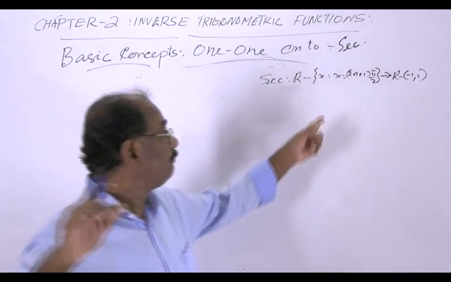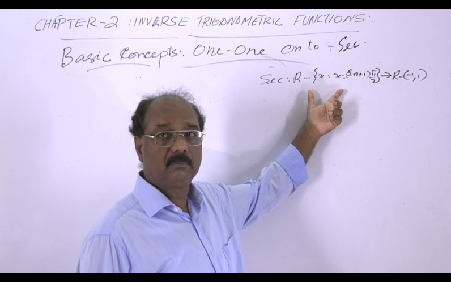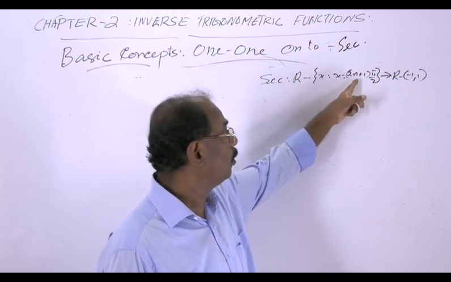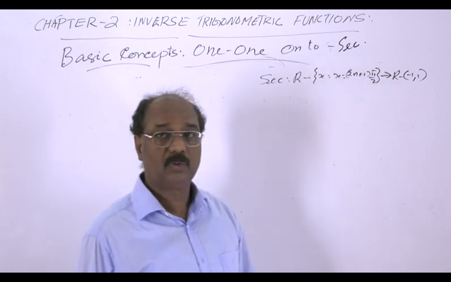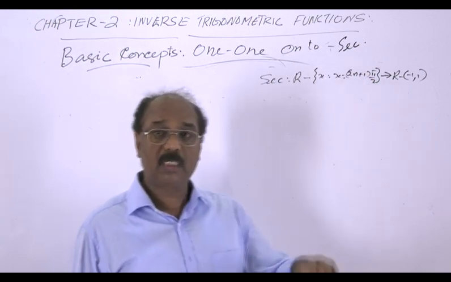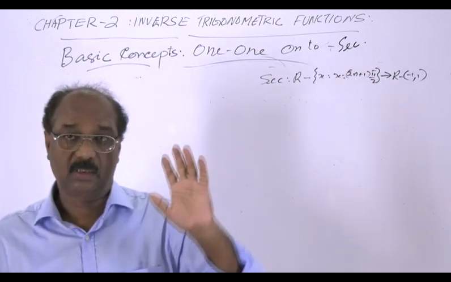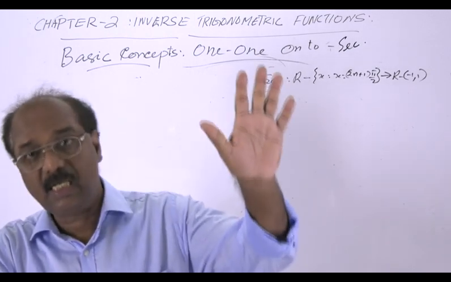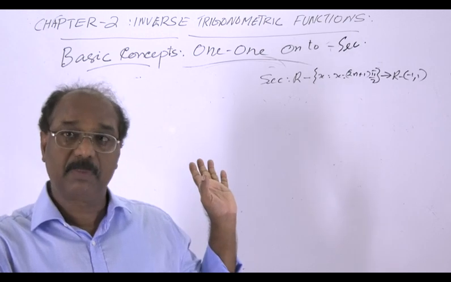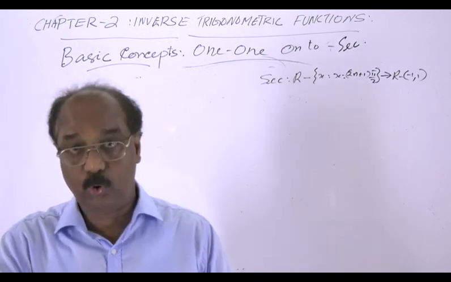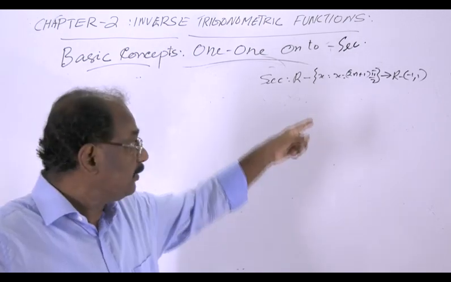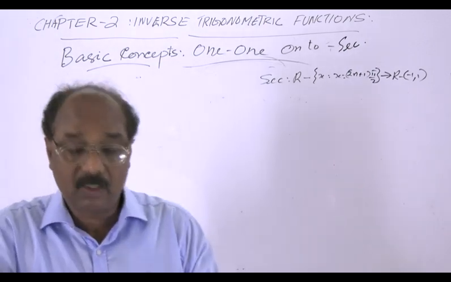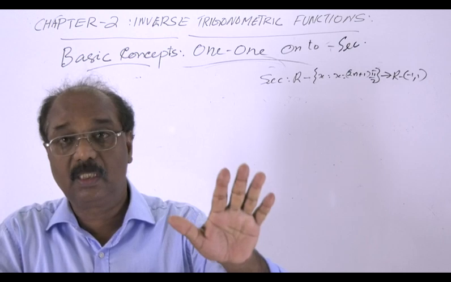From R, all odd multiples of pi by 2 are excluded from the domain, that is pi by 2, 3 pi by 2, etc., and minus pi by 2, minus 3 pi by 2, etc. Such points are excluded. And for the range, the interval minus 1, 1 is excluded.